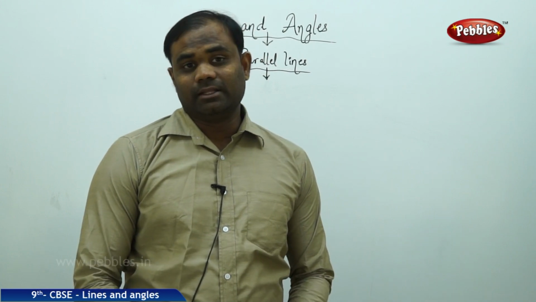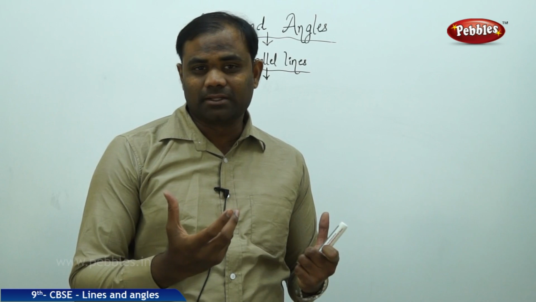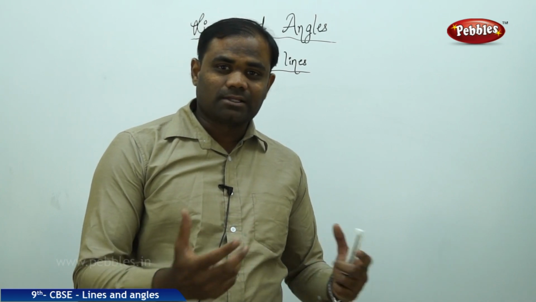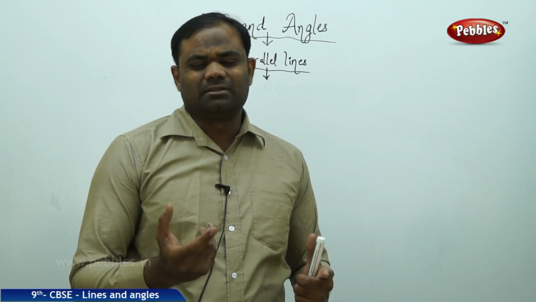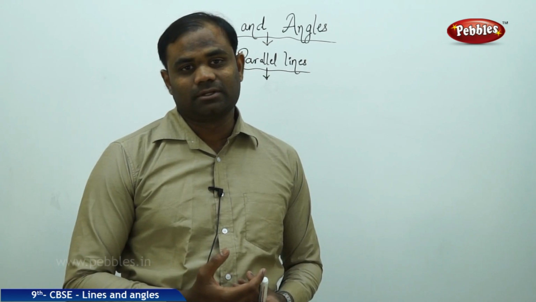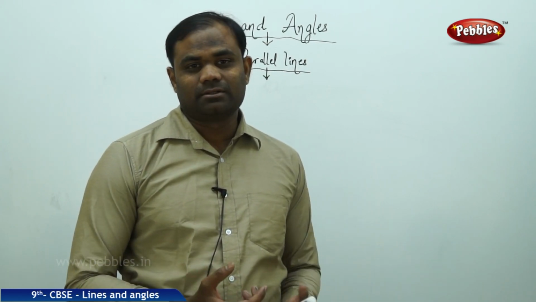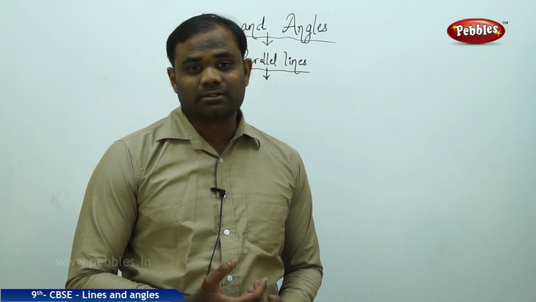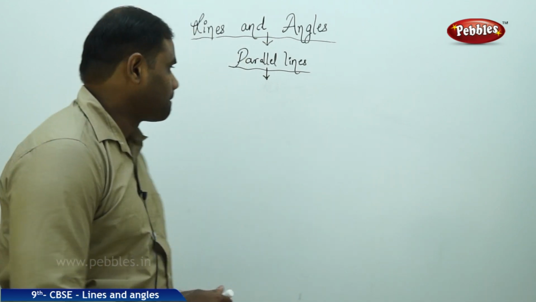Now let's see the exterior angles. Now that we have discussed interior angles being the angles in the interior region of the parallel lines, exterior angles are the pair of angles which are in the exterior region of the parallel lines. It's very simple, similar to the interior angles. So let's see exterior angles in the pair of parallel lines through the transversal.